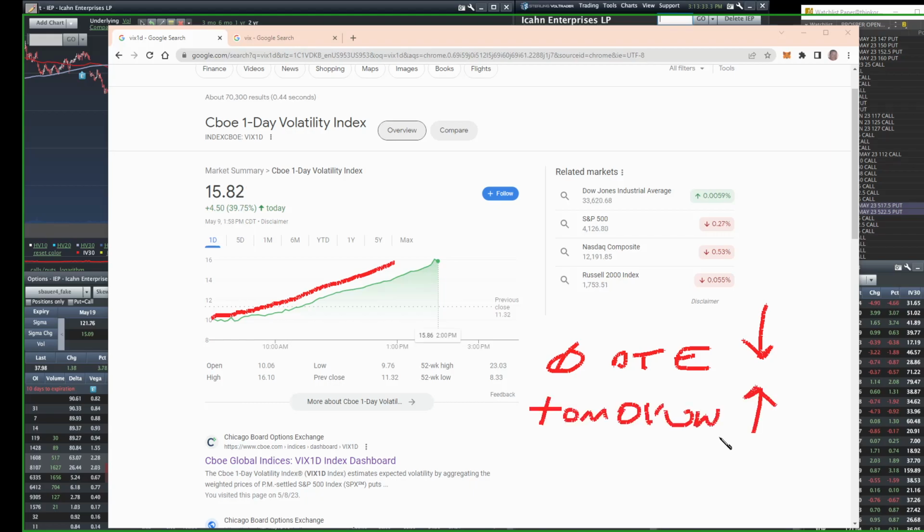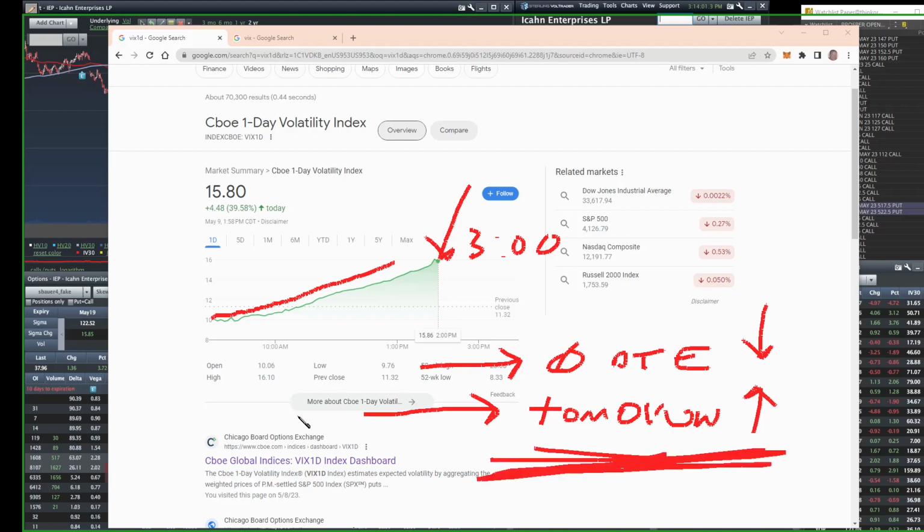And the further and further throughout the day we go, the closer we get to the end of the day today, the more that calculation shifts from using today's expiring 0 DTE options to using all of tomorrow's. So that by the end of the day today at 3 o'clock Central Time, the 1 day VIX calculation will be using all of tomorrow's expiring options in the S&P.